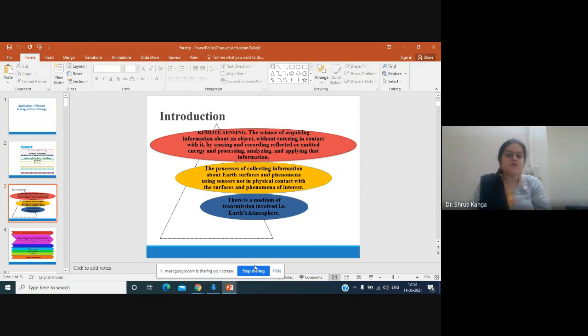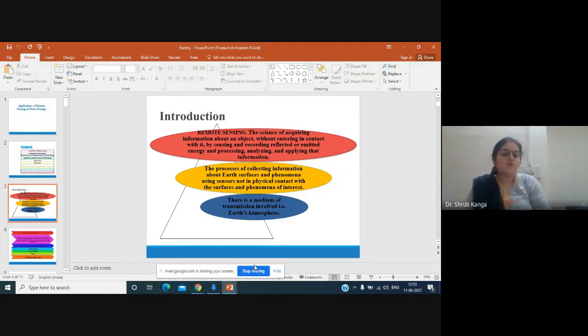So, the process of collecting information about the Earth features or the Earth phenomena using sensors not in physical contact with the surface of the Earth and the phenomena of interest. There is a medium of transmission involved, that is Earth's atmosphere.